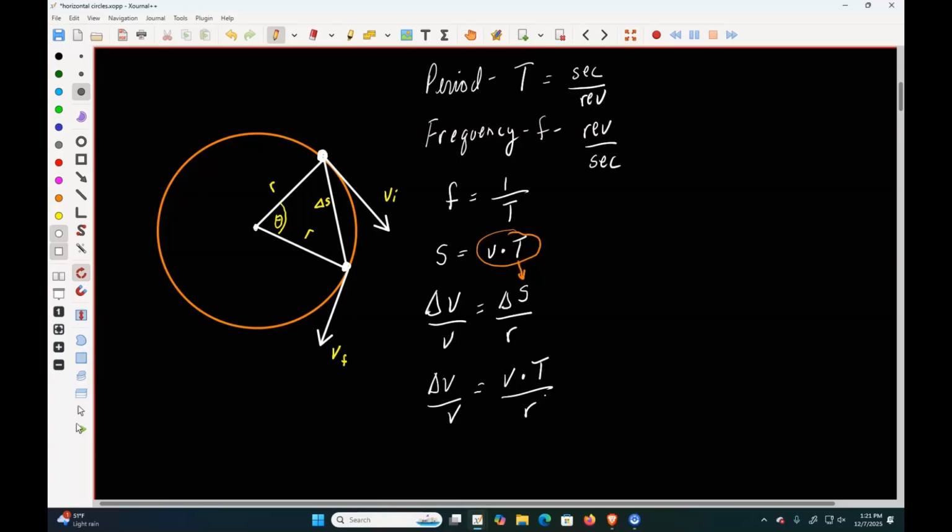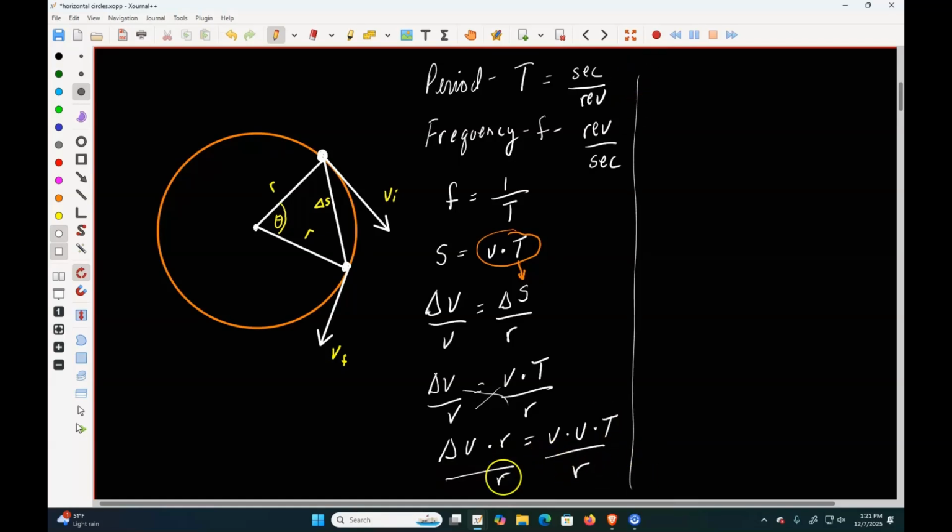Let's isolate delta V. If I cross multiply, delta V times the radius is equal to V times T. Divide both sides by R. The change in velocity is equal to the velocity squared T over R.